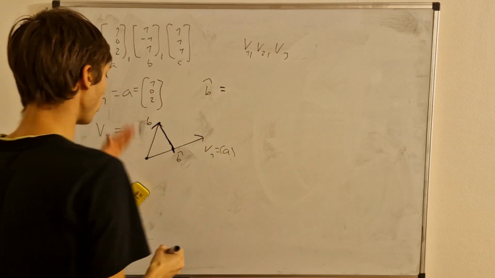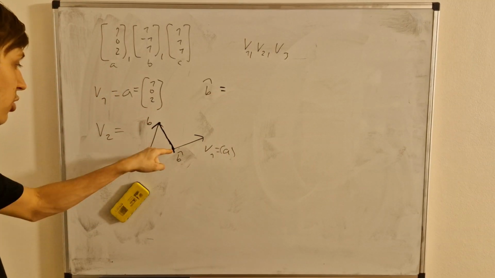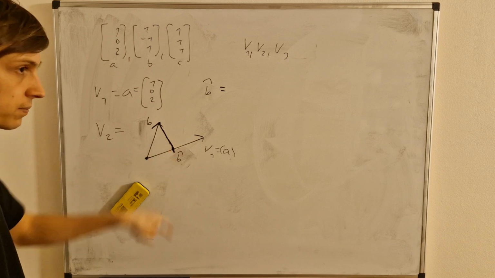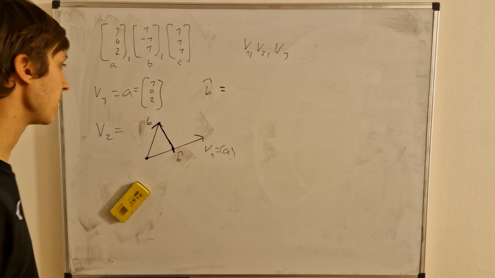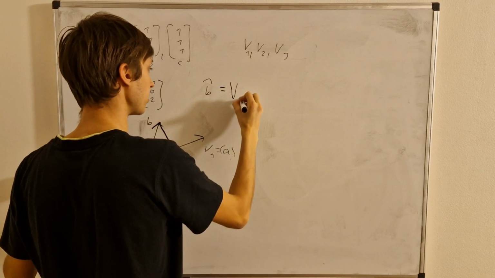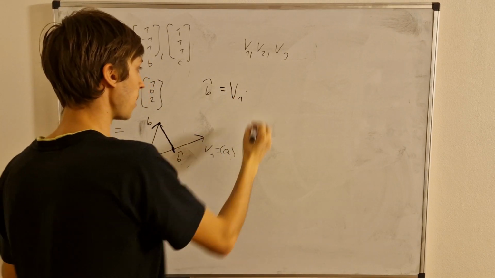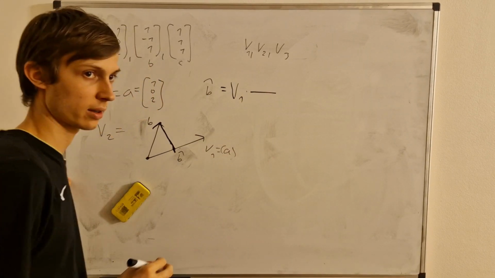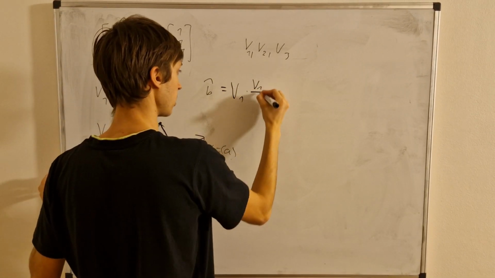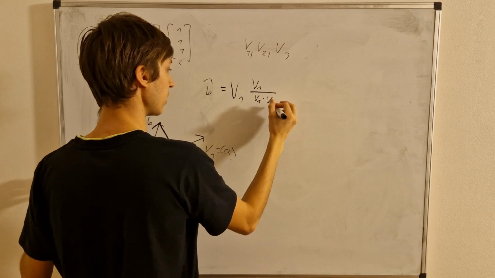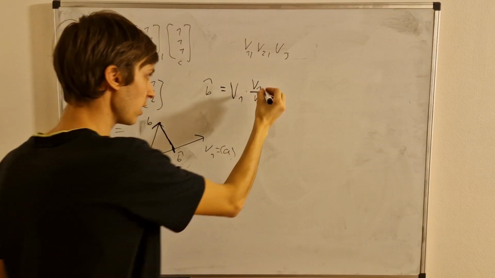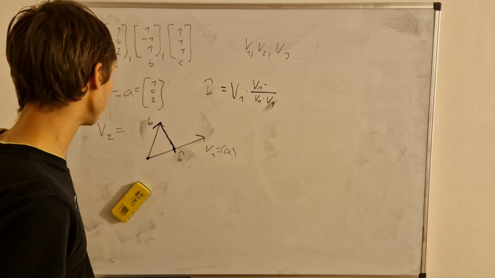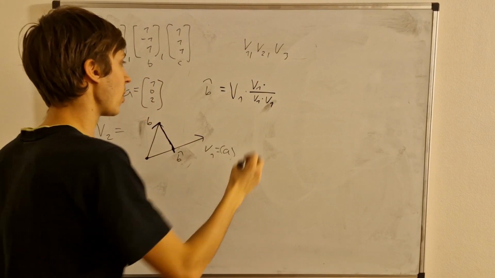If we project one vector onto another, the result of which will be that point of projection onto V1, well, how do we do it? Basically we multiply the vector that is projected onto by some fraction of dot products, and the dot products are as follows. All of these three are just repeated V1, the one that is projected onto, and once here in the numerator in the dot product is the one that we're projecting.